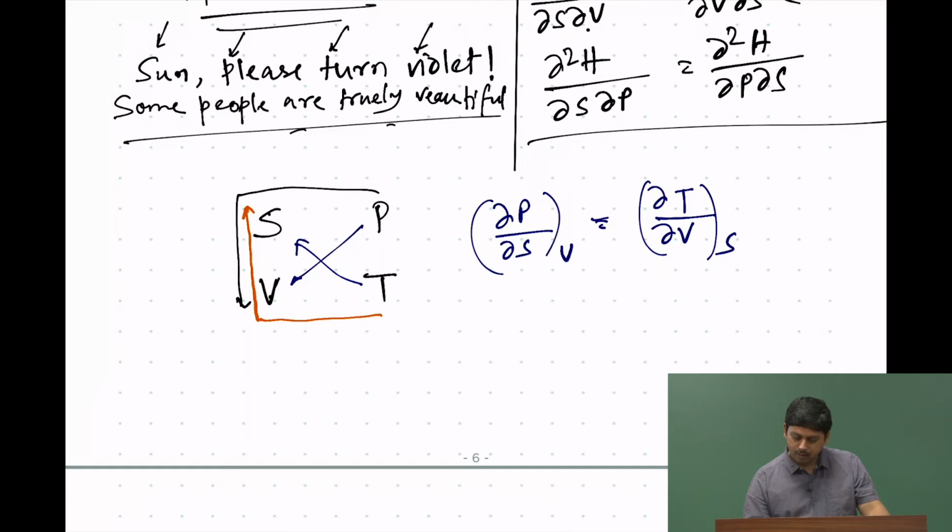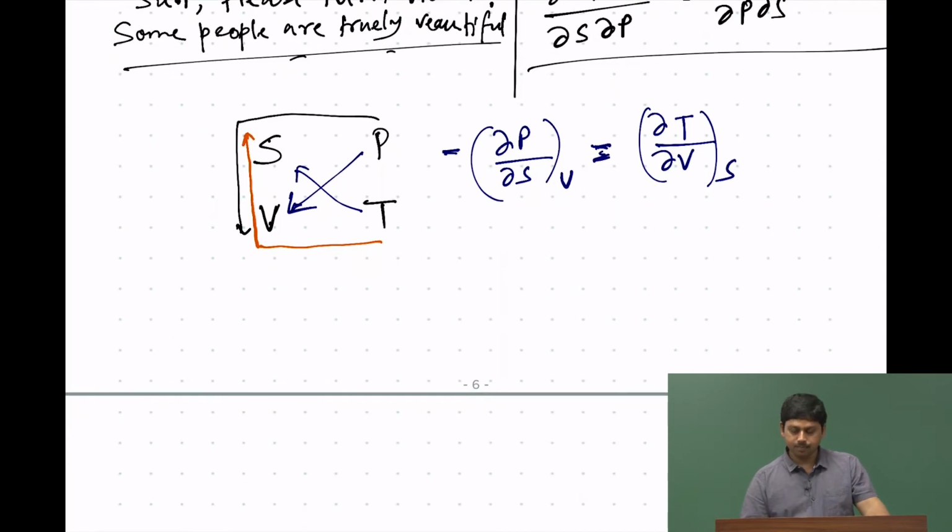So, therefore, there is a negative sign. You can put the negative sign for either of them, but for going down you can put a negative and going up you can put a positive one. So, you get one Maxwell relation like this.